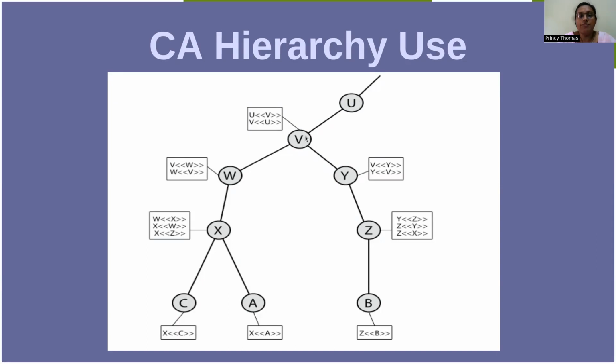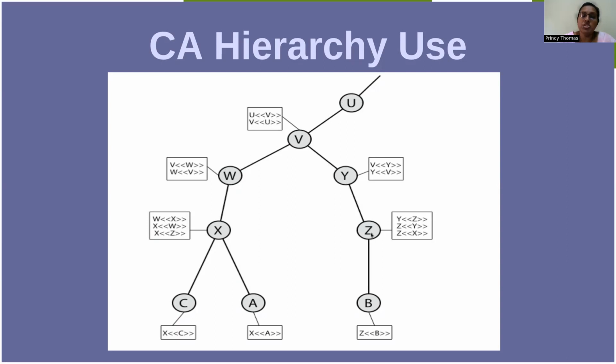So if V is the client, then the certificate for V is given by U. Both U trusts V and V trusts U. So these two are the certificate authorities. Similarly, between V and W, there is a trust between them both, client and parent. Here also between V and Y, etc. Now, if you come down the chain like this, Z trusts all those who are above in the chain.